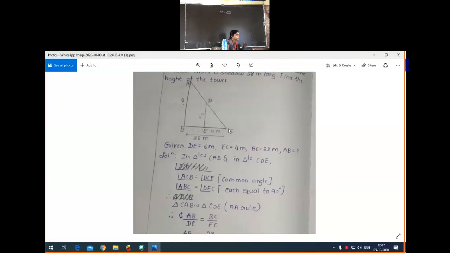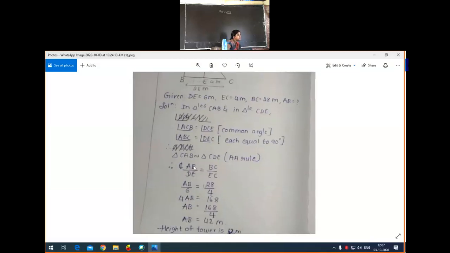In the example problem also, we applied the same steps. The ratio of the tower and pole heights is equal to BC divided by EC.